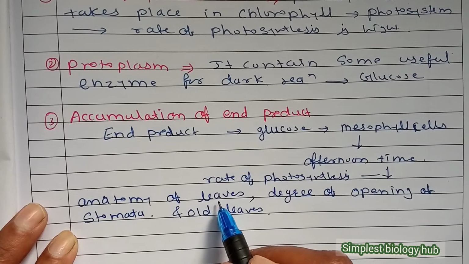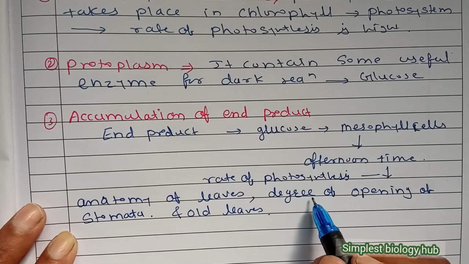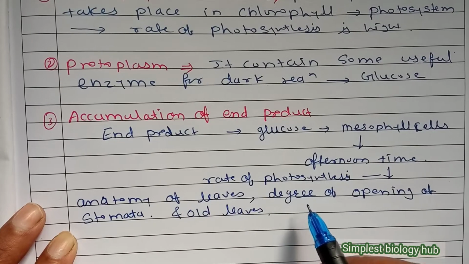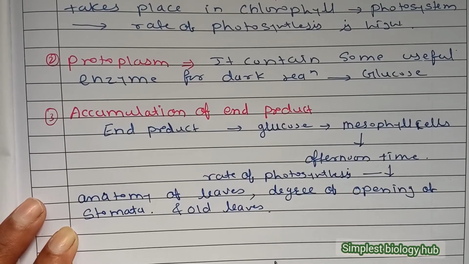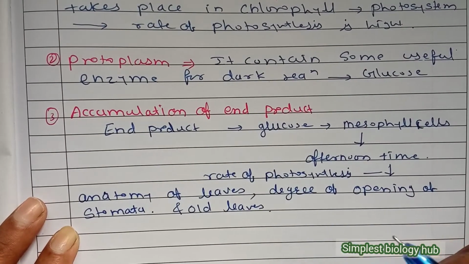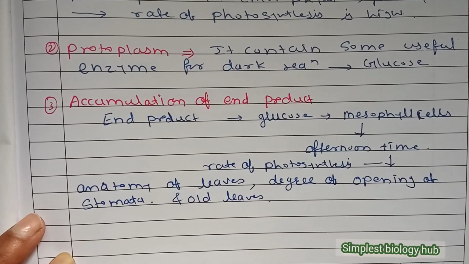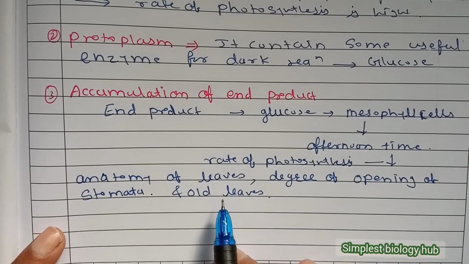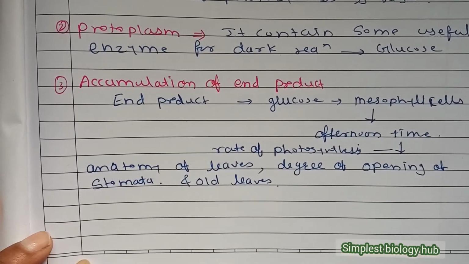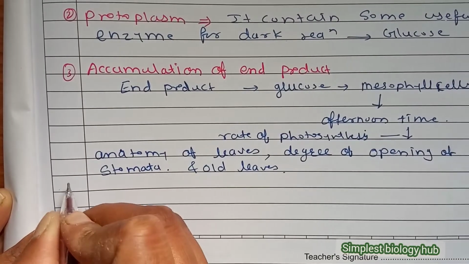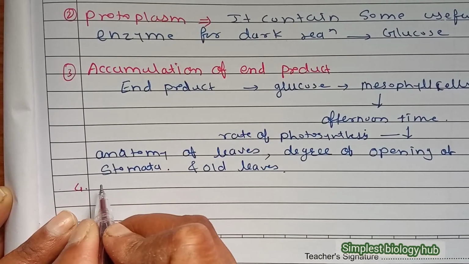Some leaves are anatomically very complex, so the rate of photosynthesis decreases there. For the degree of opening and closing of the stomata, we talked about the CAM cycle: the stomata open at night and close in the daytime. In this pattern of the plant, photosynthesis is affected, and old leaves are also responsible for decreasing the rate of photosynthesis. And the final factor affecting photosynthesis is the internal structure of the leaf.